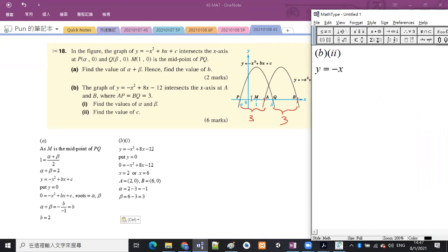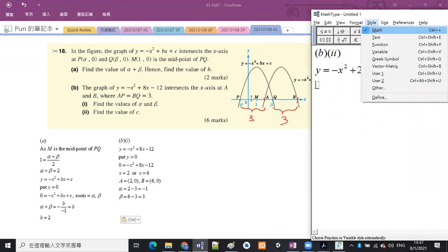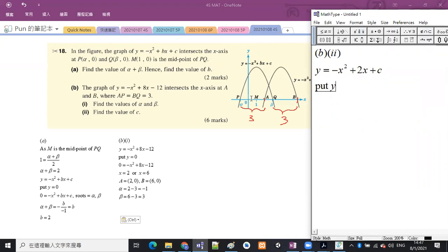Consider this. The B has been found to be 2, right? And then plus C. So when we put y to be 0, then 0 is equal to negative x squared plus 2x plus c. And the roots are alpha and beta. Okay?